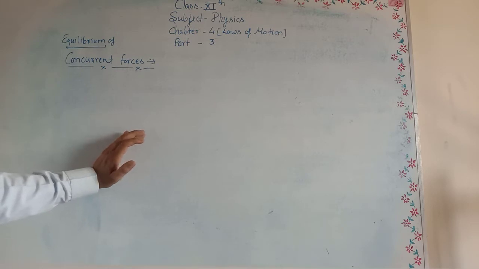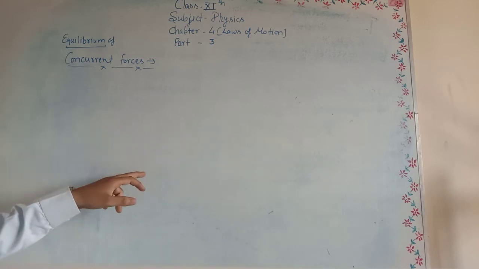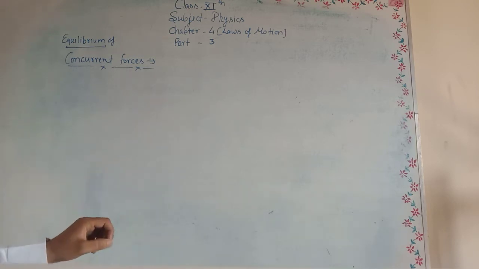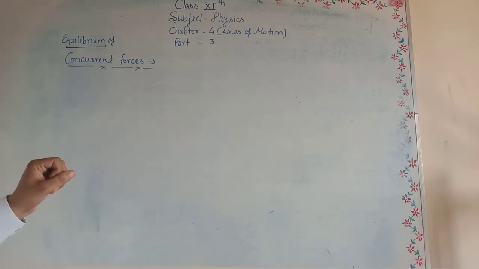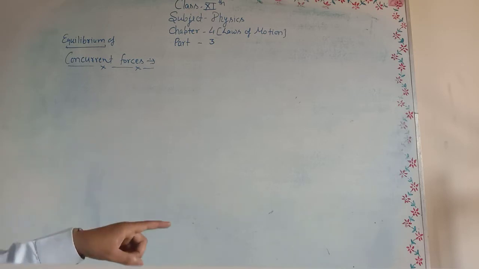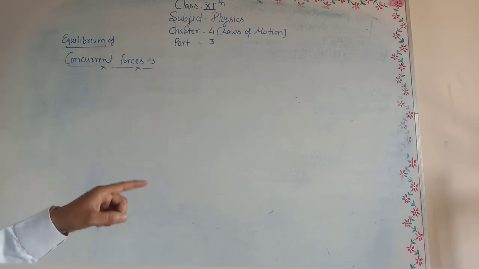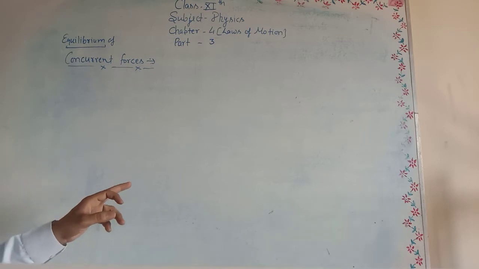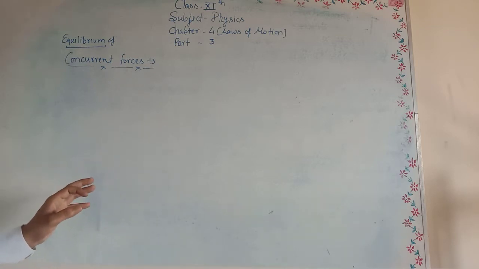When a number of forces act on a body at the same point and the net unbalanced force is 0, the body will continue in its state of rest or of uniform motion along a straight line and is said to be in equilibrium.